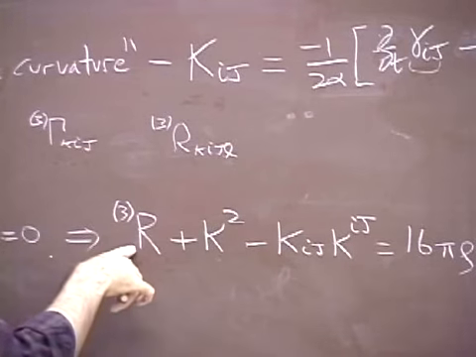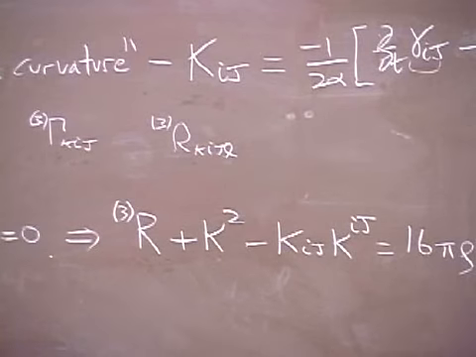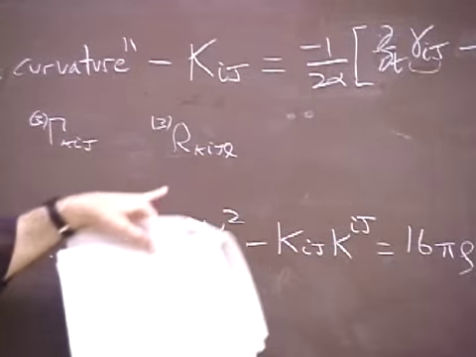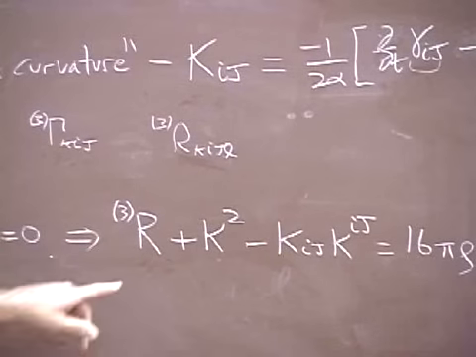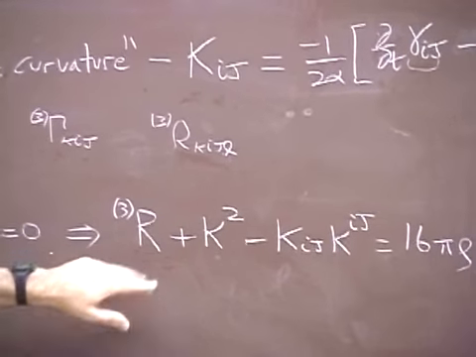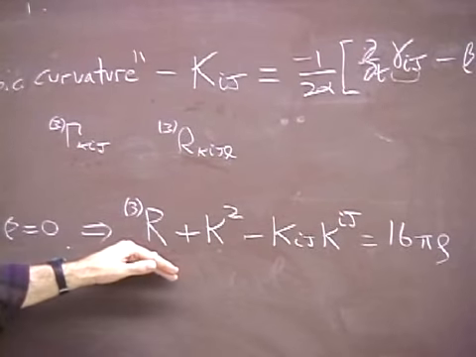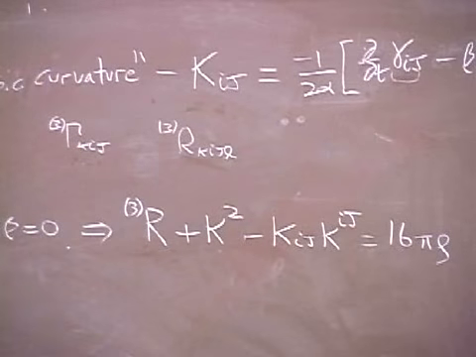And then you can define a 3-dimensional scalar curvature by contracting the 3-dimensional Riemann tensor. So this is exactly the same thing and exactly the same formulas as you use to get the 4-dimensional thing, but you just use the 3-dimensional metric to compute it. So that's what that is.